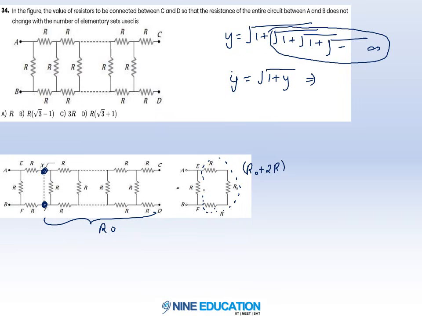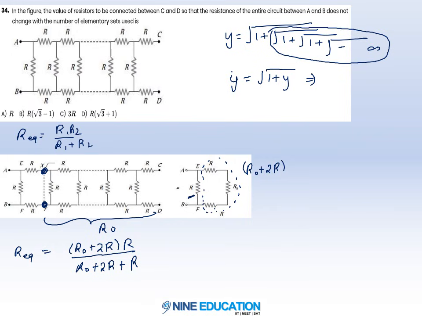And this R naught plus 2R is in parallel combination with this R. So R equivalent becomes R naught plus 2R into R upon R naught plus 2R plus R. Similarly, using the parallel combination property, R equivalent in parallel combination is R1 R2 upon R1 plus R2. So this is the equivalent, and what are we assuming this equivalent equals to?